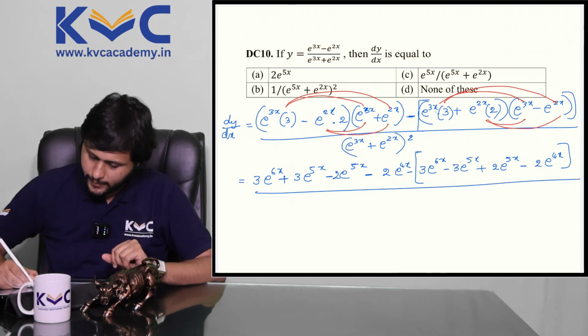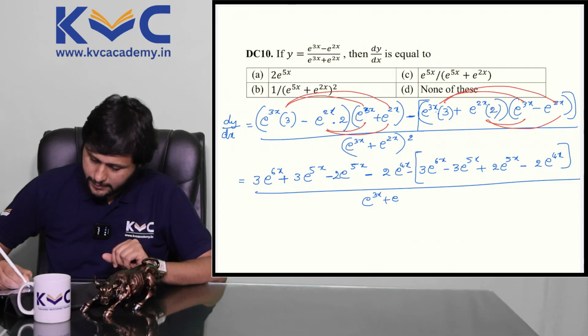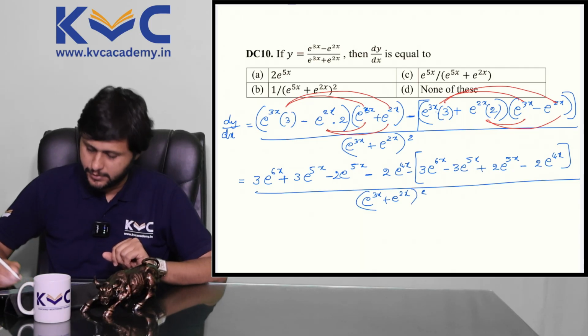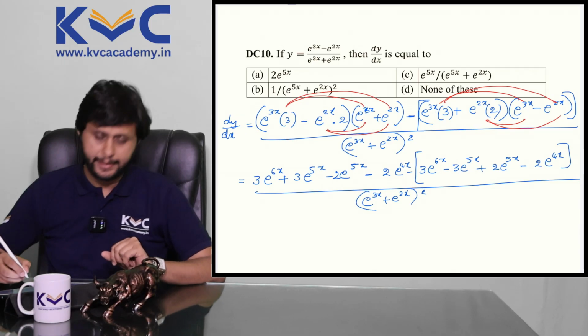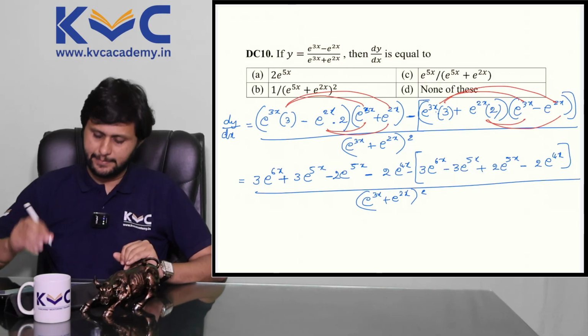All divided by my denominator is not creating any problem for now. Leave it as it is. Now we'll open the bracket only, then in the following step we will simplify further.